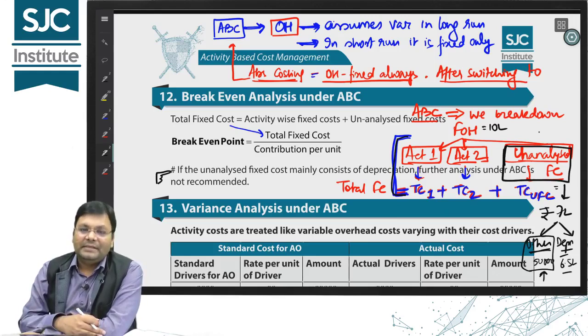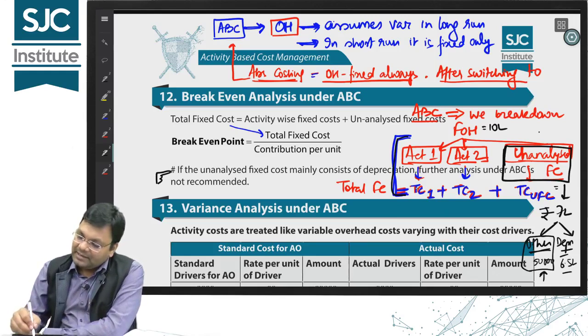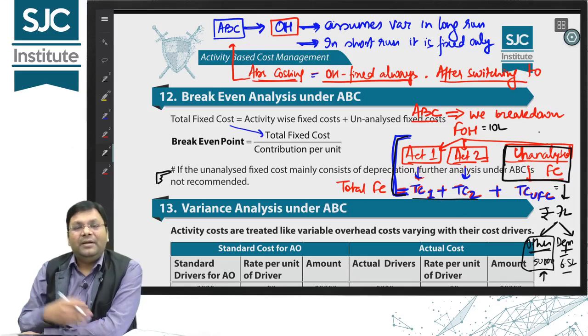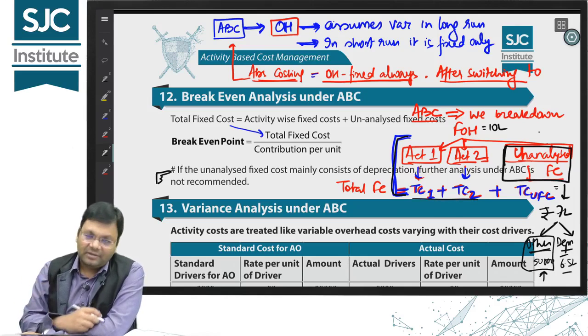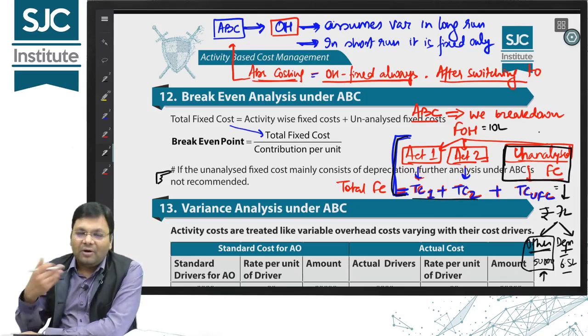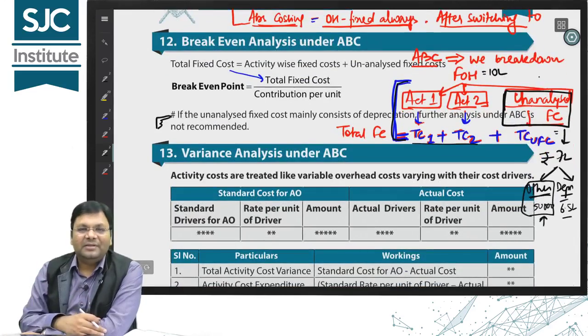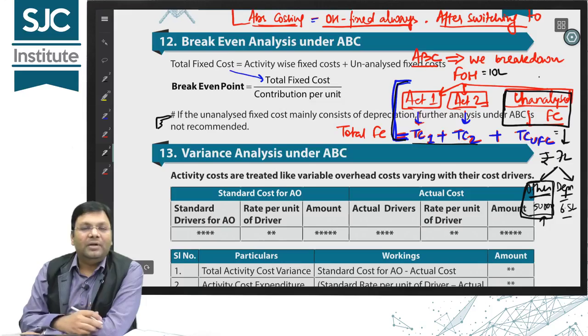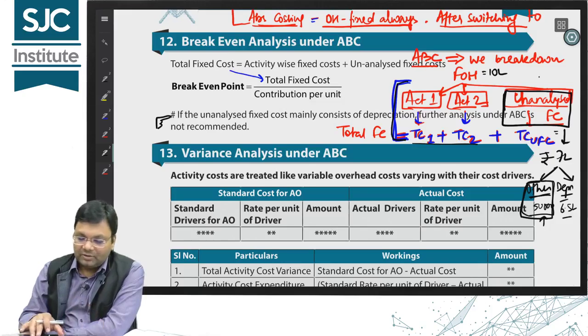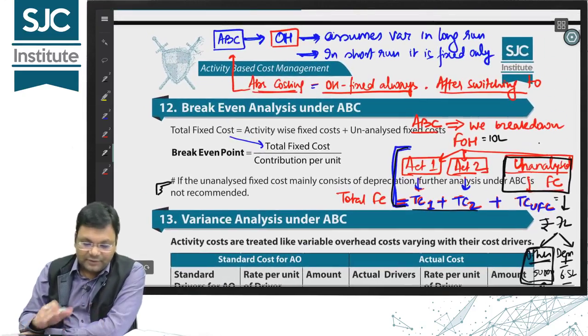And how will that total fixed cost be compared? Activity-wise cost plus unanalyzed fixed cost. But in the long run, by studying the activities, you may reduce activity-wise cost. And if the unanalyzed cost mainly consists of depreciation, there is no use of analyzing it over and over again. Okay, so this concept also I have discussed with you.